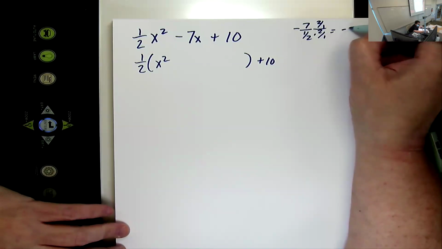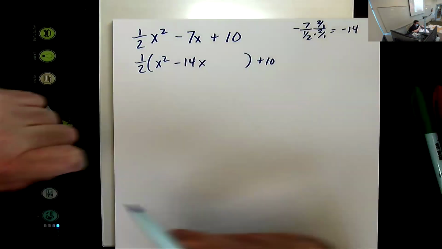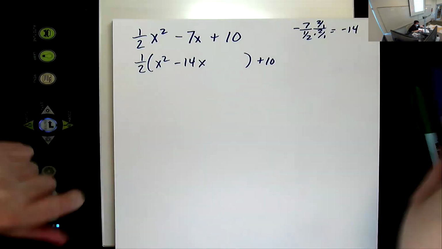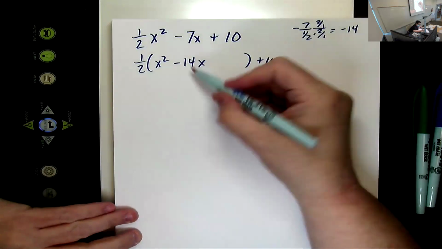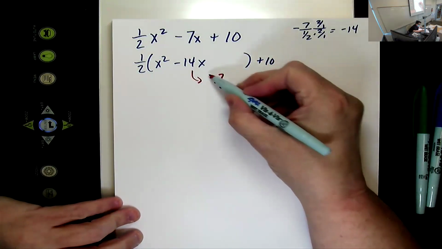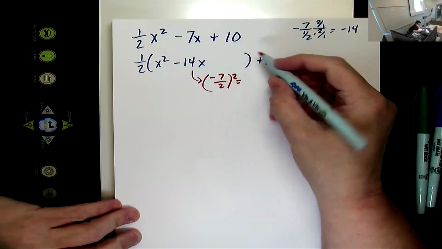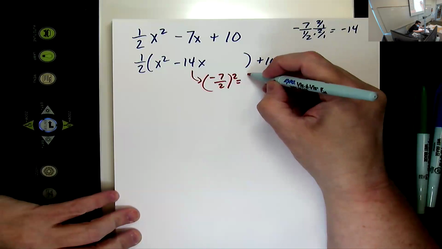So, -14. Now we cut it in half, square it, and I get 49/4.